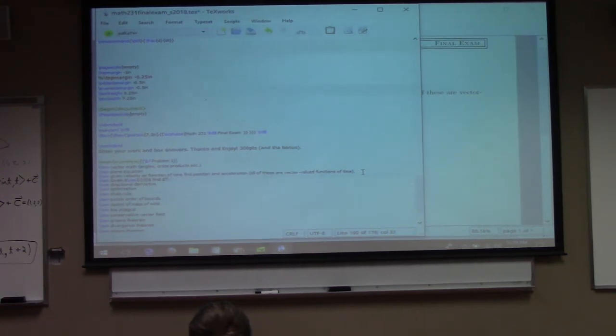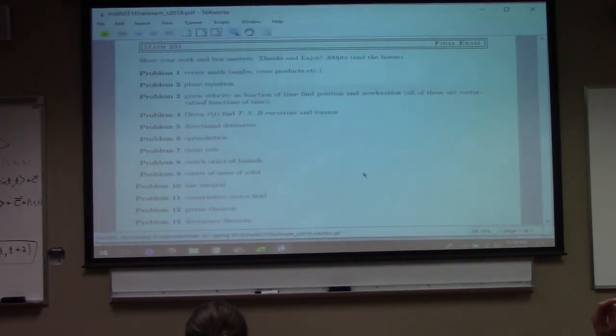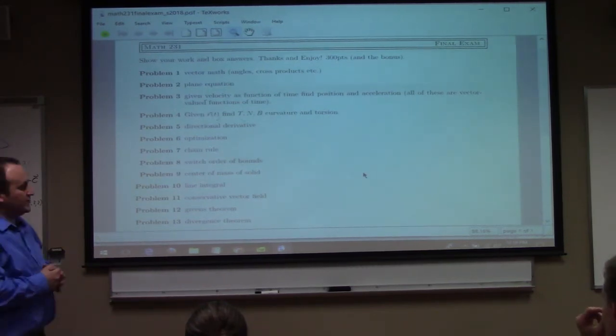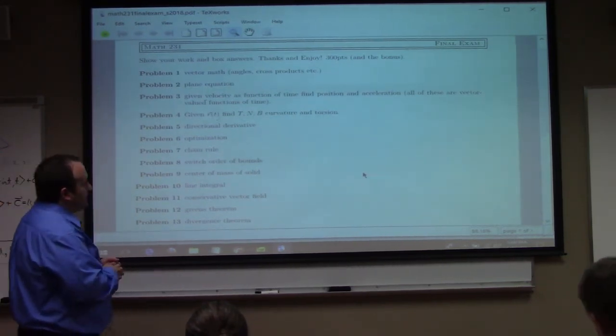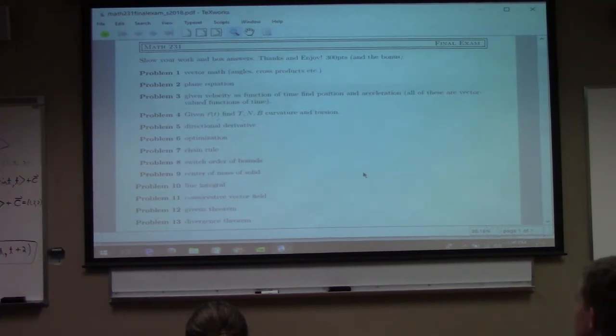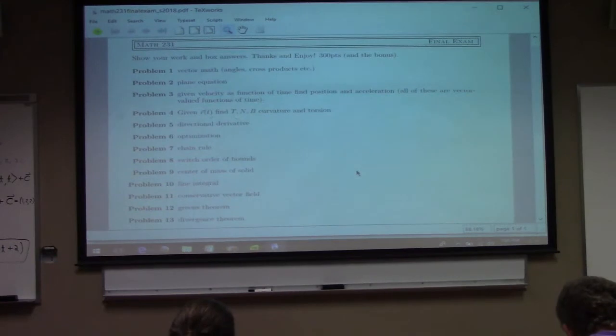I can't talk and type. So that was the other kind of problem that we had. And I think I put one of those on your test as well, right? Given a path, find the tangent, the normal, the binormal, the curvature, and torsion. So that was another very common problem type in that part of the course, right?